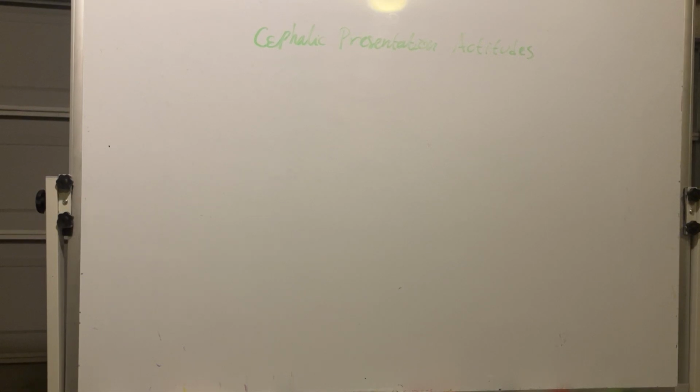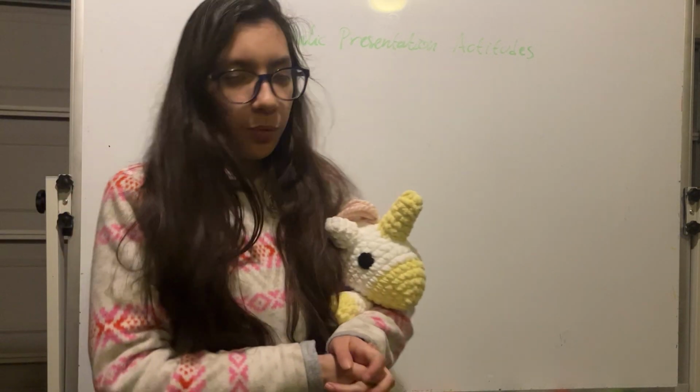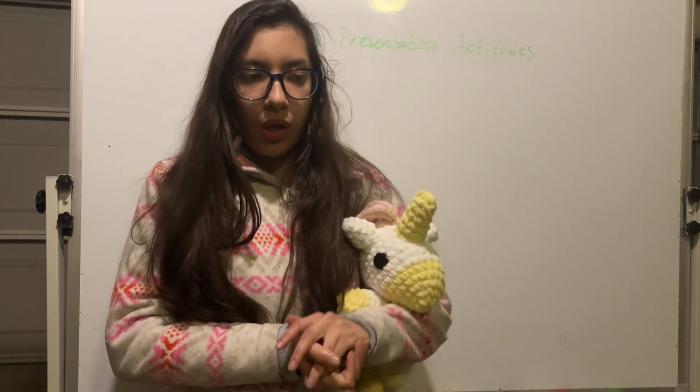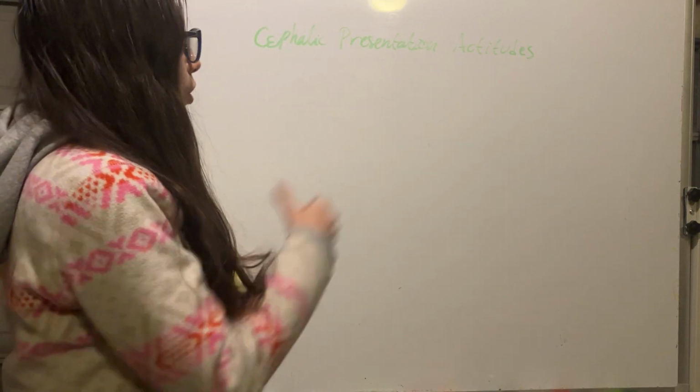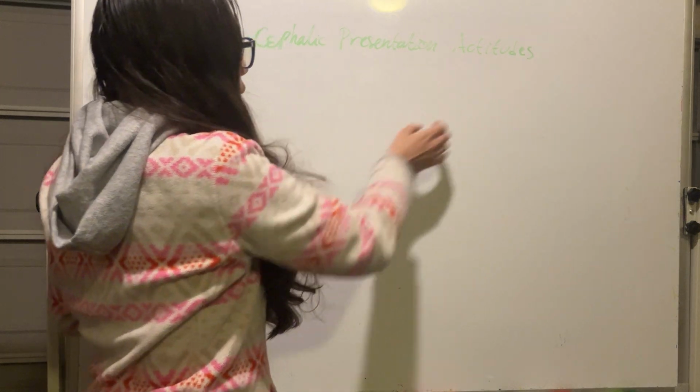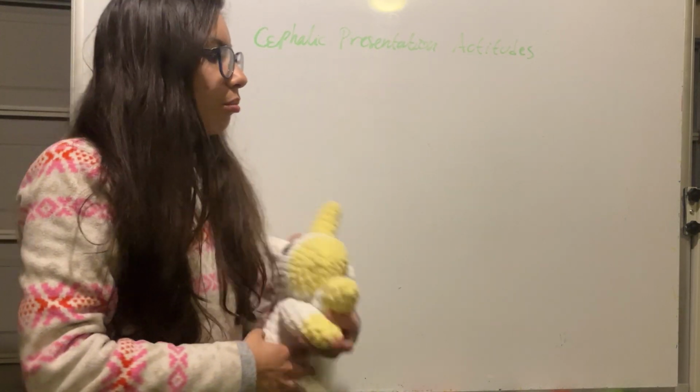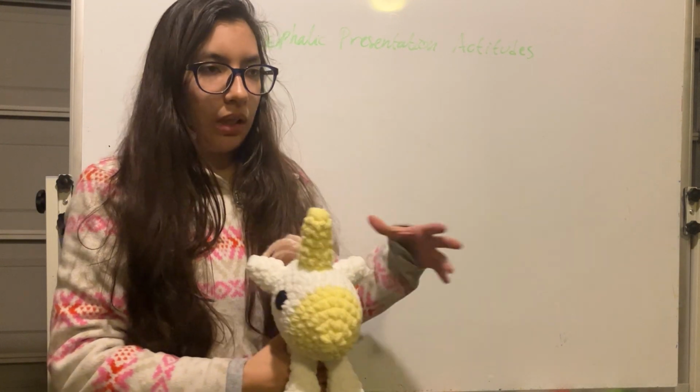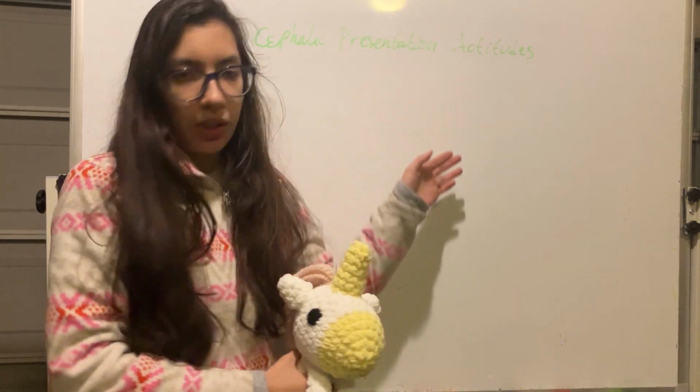Now we're going to see the different cephalic presentations we can have. Indeed, this is called the attitudes of the cephalic presentation, but most of the time we call these different cephalic presentations.